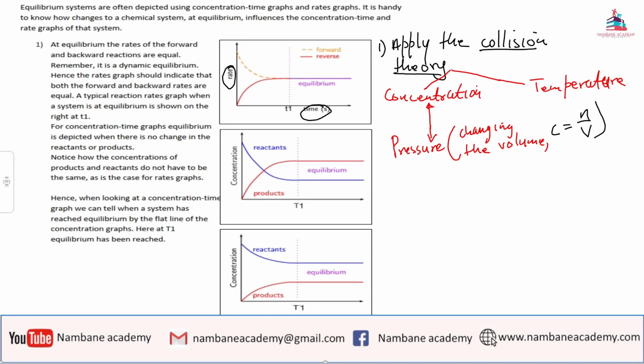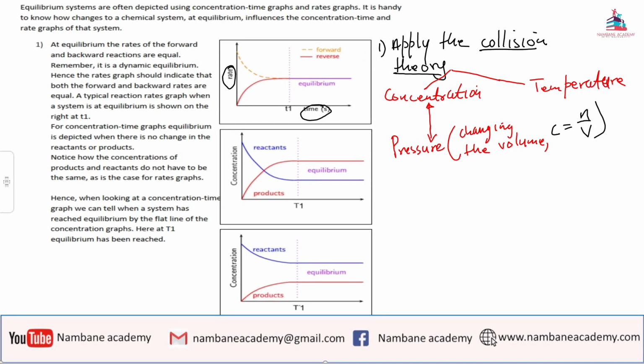I am only saying we are going to include pressure because we are going to compare chemical equilibrium and the rate of the reaction. So we cannot omit the factor which is pressure as part of the factors affecting the equilibrium. But how are we going to do that?